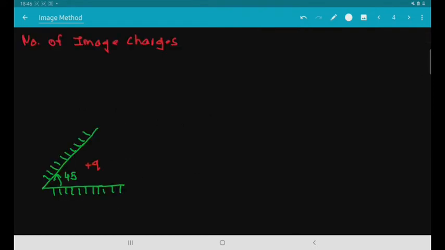Okay, now let us look at the next question. In the previous question we had taken 3 image charges. Now how to decide how many image charges to take? We can use this formula to find the number of image charges: 360 by theta, minus 1, whatever is the theta between the plates.